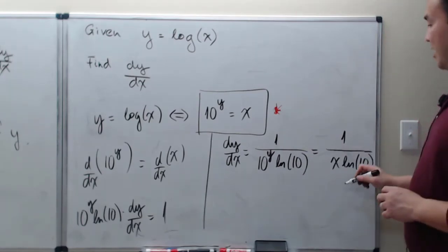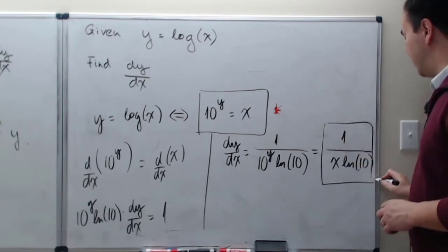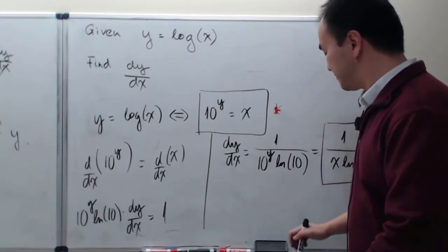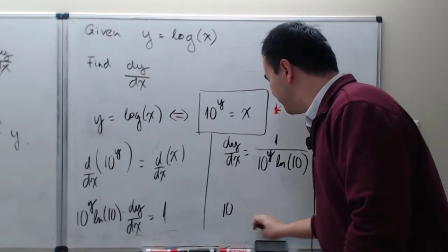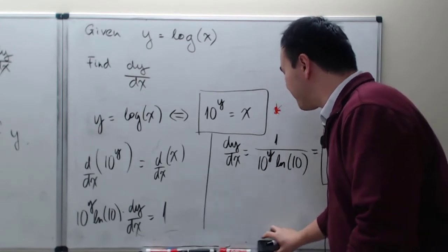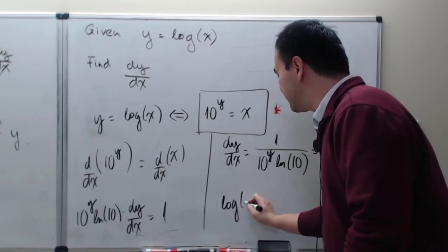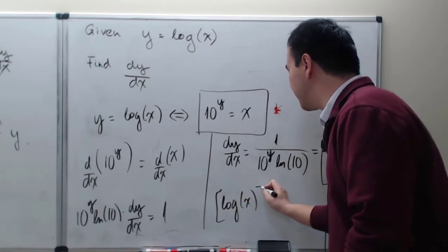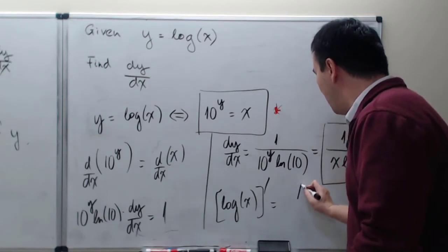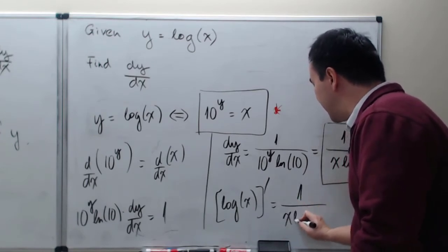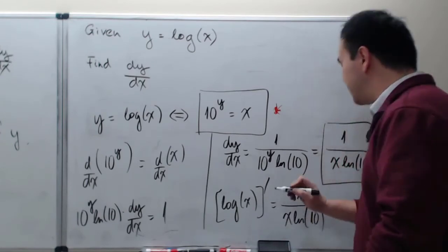Okay, and so now what we have done again is that we found the derivative for log base 10. What we have found now is that the derivative of log base 10 of x gives us 1 over x times natural log of 10.